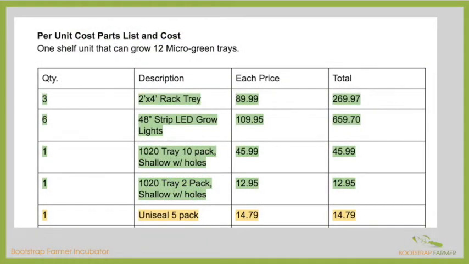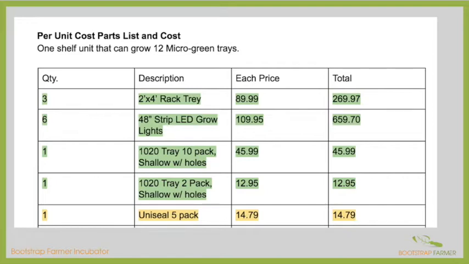Moving forward, the per unit cost parts list for one shelf unit that can grow 12 microgreen trays. I color coded these by where you're going to get this stuff. The green is from Bootstrap Farmer, which we're looking at the 2 foot by 4 foot rack trays, the 48-inch strip LED grow lights, the 1020 trays, the 10 pack shallow with holes, and then I've got a 10 pack and a 2 pack because in this example, one rack holds 12.